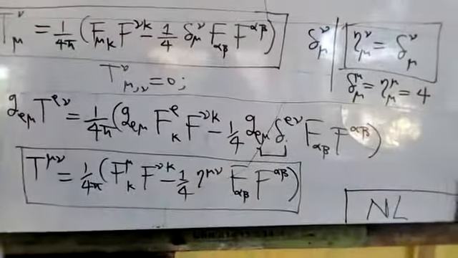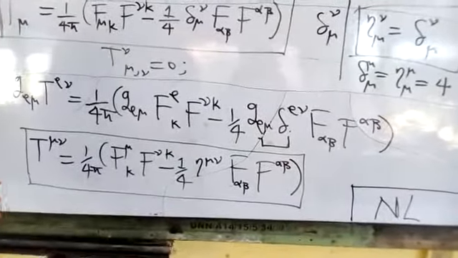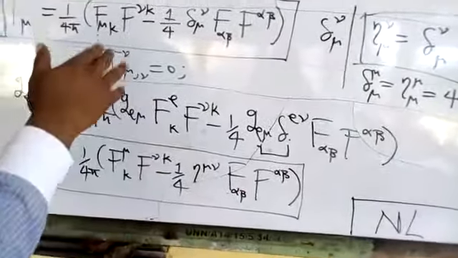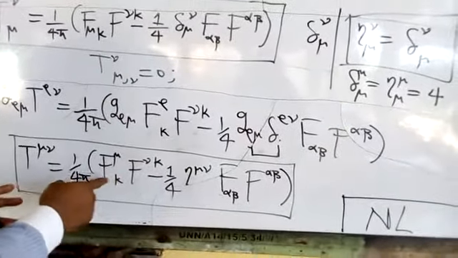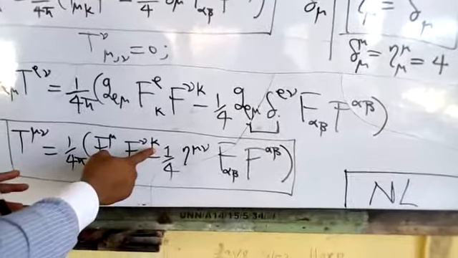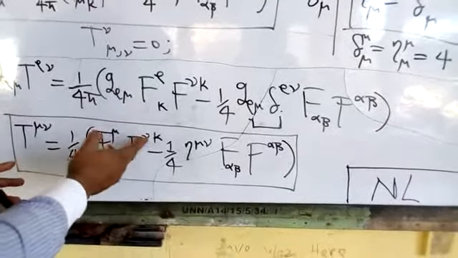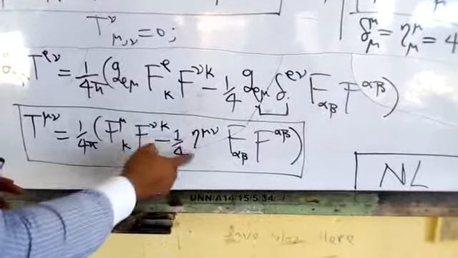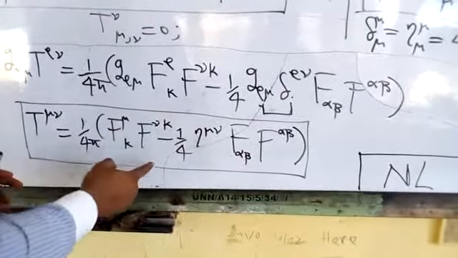So you can see that with what we have obtained at this point, it wouldn't matter, like I said, this kappa and kappa I could raise or lower, because whatever metric tensor I use to raise this, I can use to lower that. And so if I interchange mu and nu, it wouldn't really matter on this expression. And of course, obviously, that is the same for this one here.